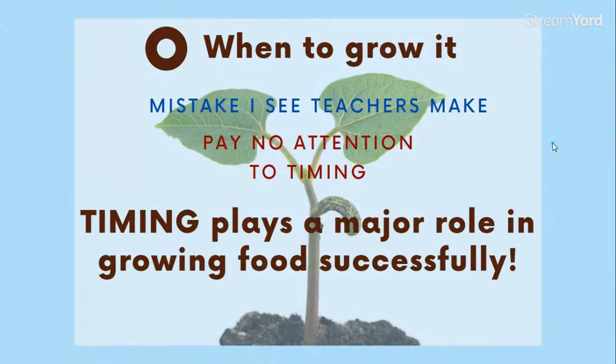Okay, now let's get into when to grow different things. One of the major mistakes that I see teachers make, and it's not their fault, it's not like they are experts in growing plants, they just want to do something with their students, and usually it's beans.